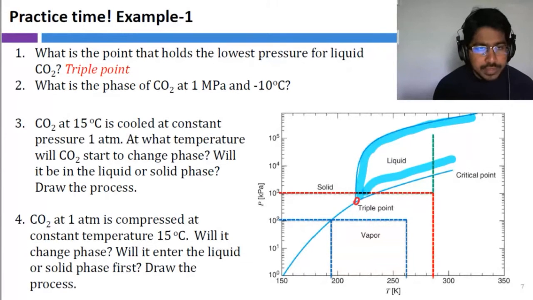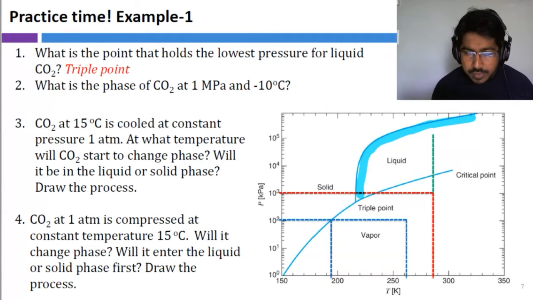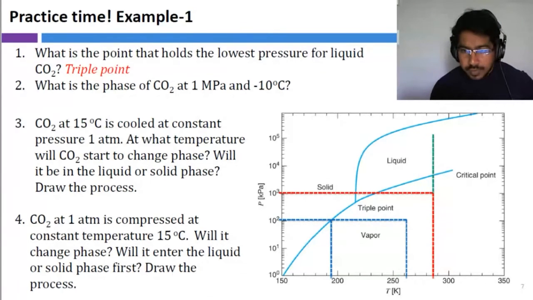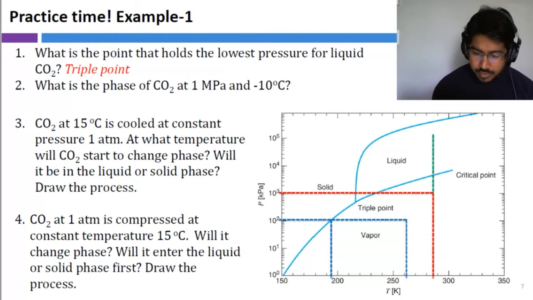What is the phase of CO2 at 1 megapascal and minus 10 Celsius? Anybody who got the answer? Perfect, so Alexandra got it right. Wenli, awesome. So now, what is 1 megapascal? It's going to be 1000 kilopascals, right? This brings up a very important discussion.